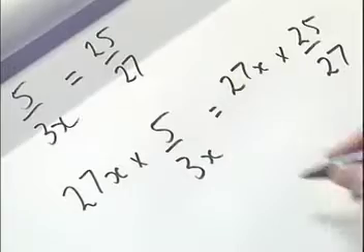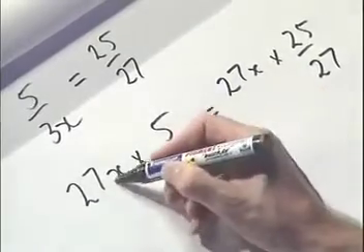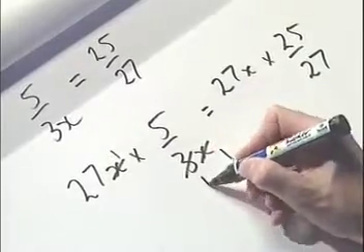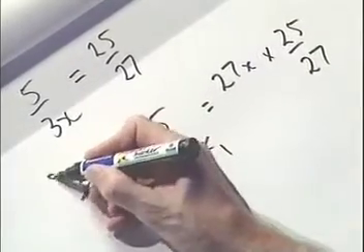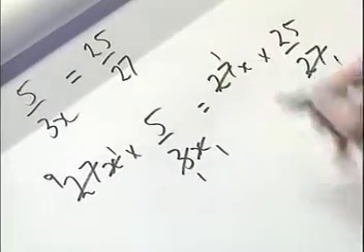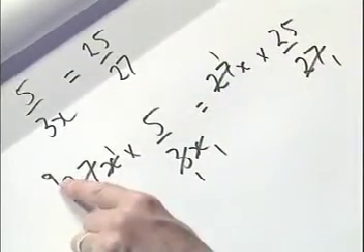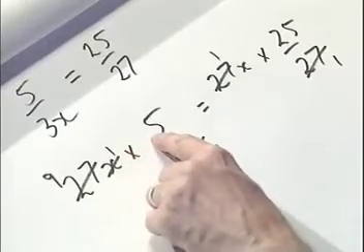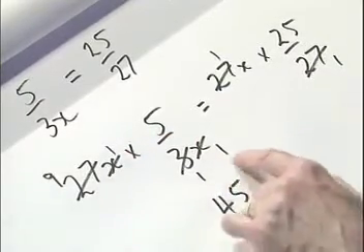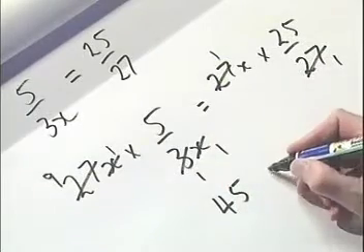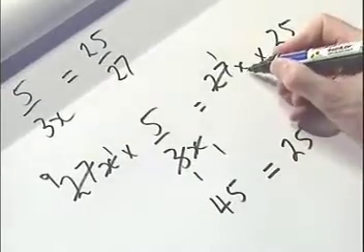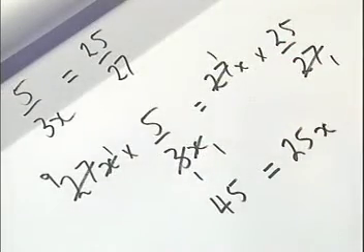So we can look at this and we can see that x divides into x once and x divides into x once there. We can also see that 3 divides into 3 and 3 divides into 27 9 times. And over here, 27 goes into 27 once each time. So I have 9 times 1 times 5, and 9 5s are 45, divided by 1 times 1, which is 1, so it's still 45, equals 1 times by 25, and times by the x there, 25x.